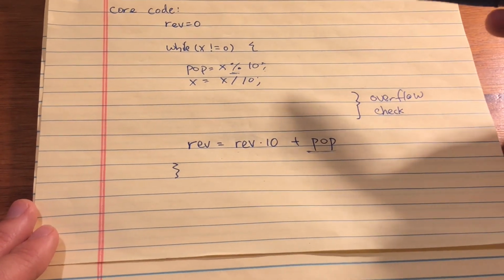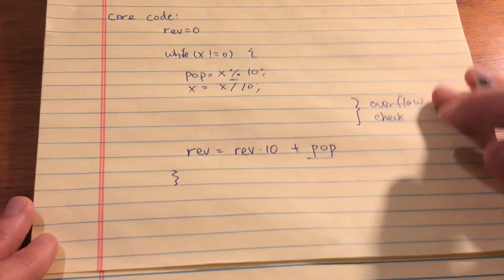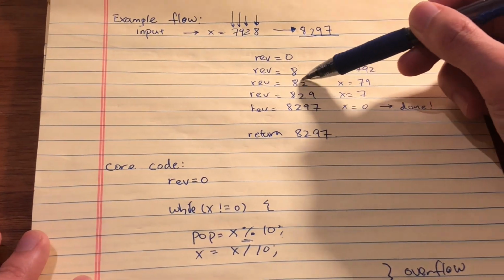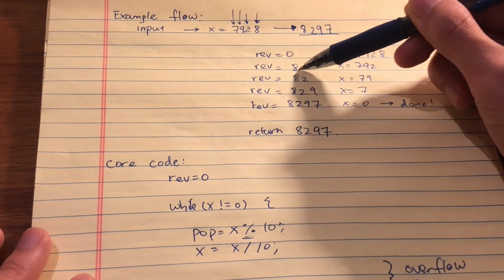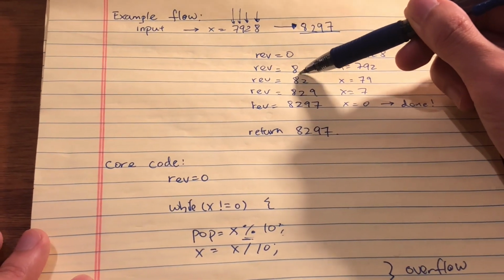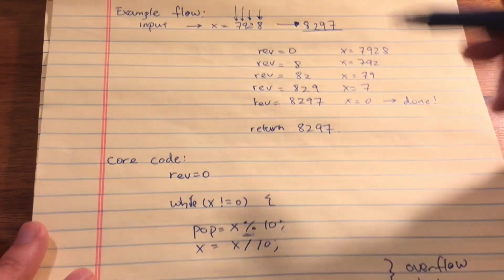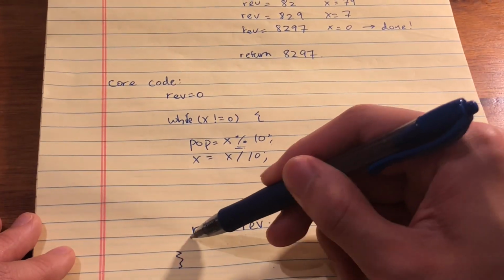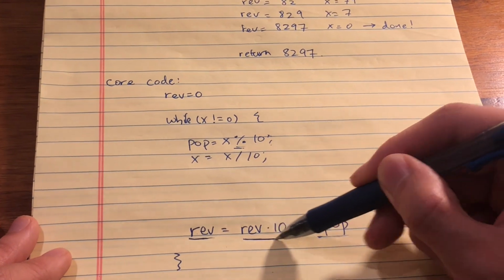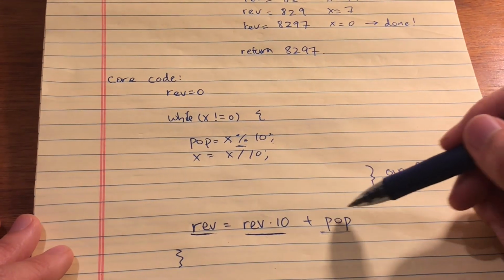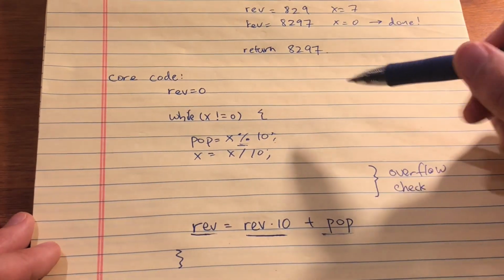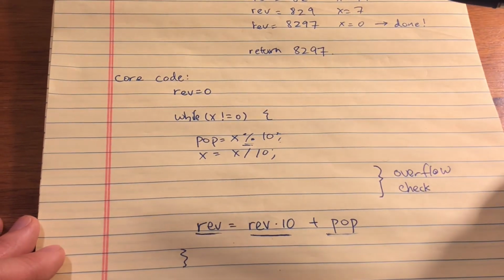So in the case as above, if you remember, in order to add the 2, the previous 8, we have to multiply by 10 to make it 80 so that we can add the 2. That's essentially what this line does, so that the reverse number is updated by the previous reversed number multiplied by 10 and adding the new digit. So essentially, this is how the reverse code is implemented.